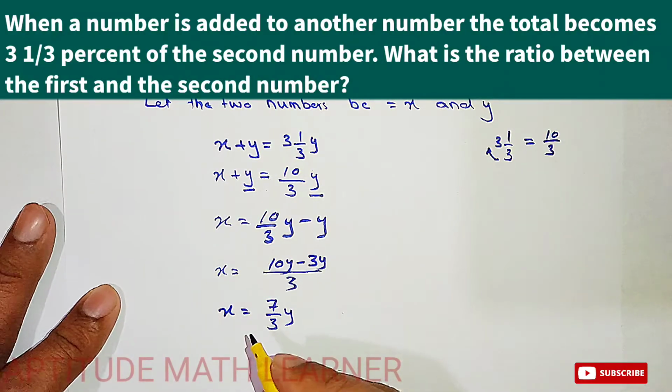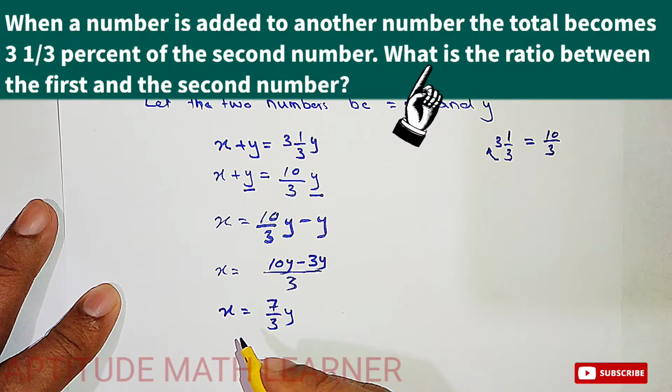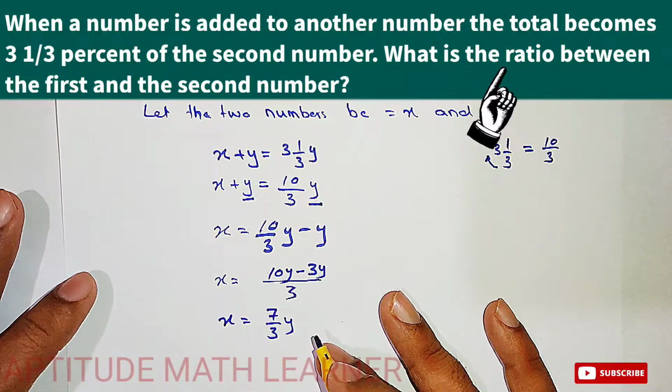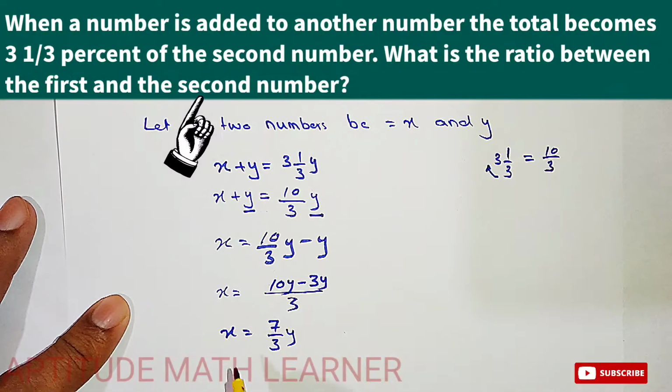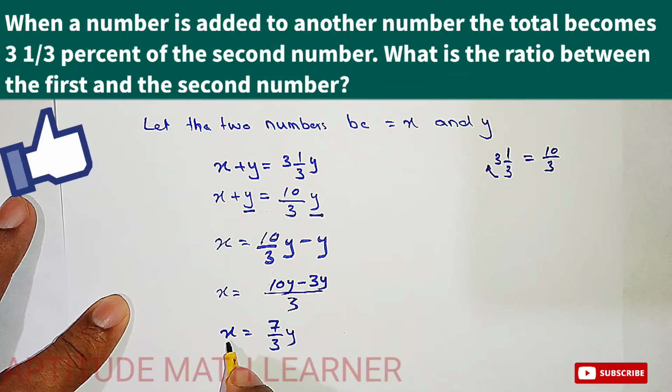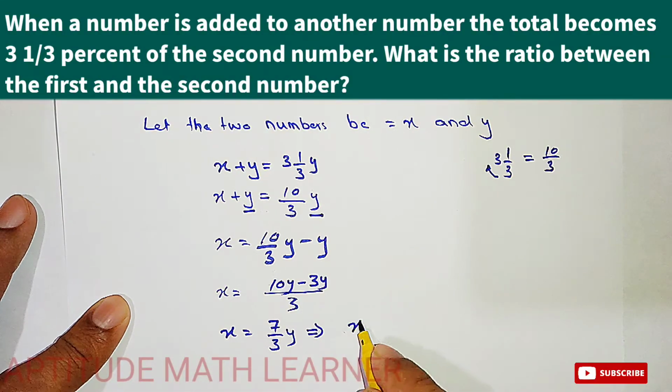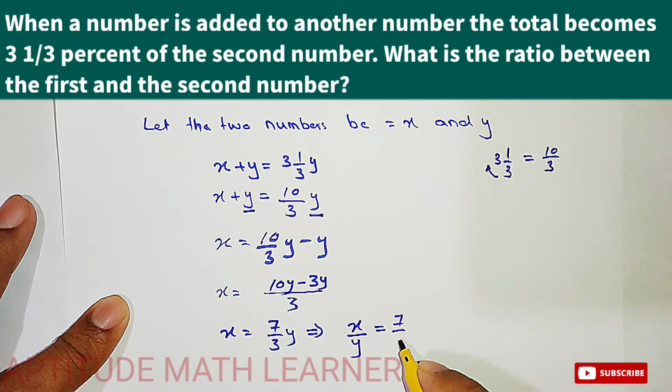And if you look at the question, it is saying that what is the ratio between the first and the second number. So we have to find out the ratio of the first and second number, and this becomes x divided by y. So this is a form of a ratio, and this becomes 7 divided by 3.